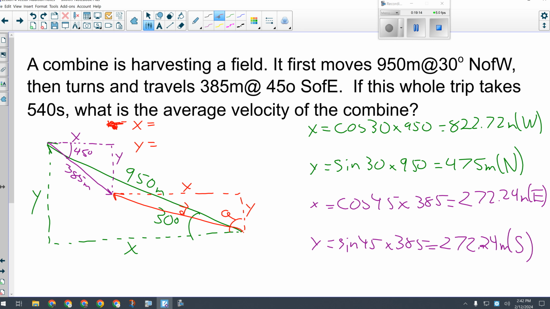To get red x, red is going to be the vector sum of purple x and green x, which go in opposite directions. So I'm going to have the 822.72, plus negative, because purple x is east, 272.24.